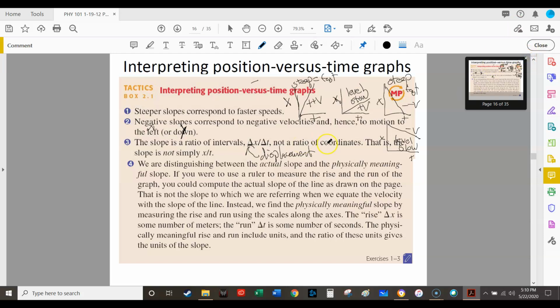So it's your displacement over total time, and that is your slope. There is this distinction between slope, as you've been presented in your algebra class, which is just rise over run. Well, when you're talking about the context of position versus time graphs, you have to think of displacement over time as your slope. Okay?